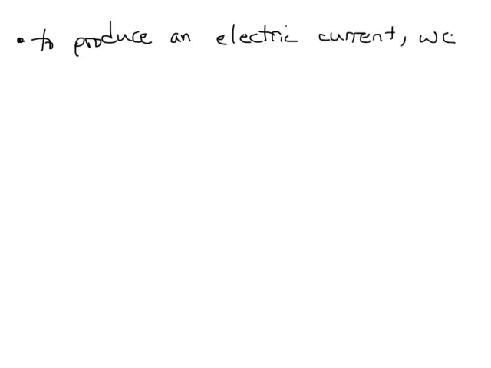Okay. So now we say, to produce an electric current, we need to separate the zinc and the copper.